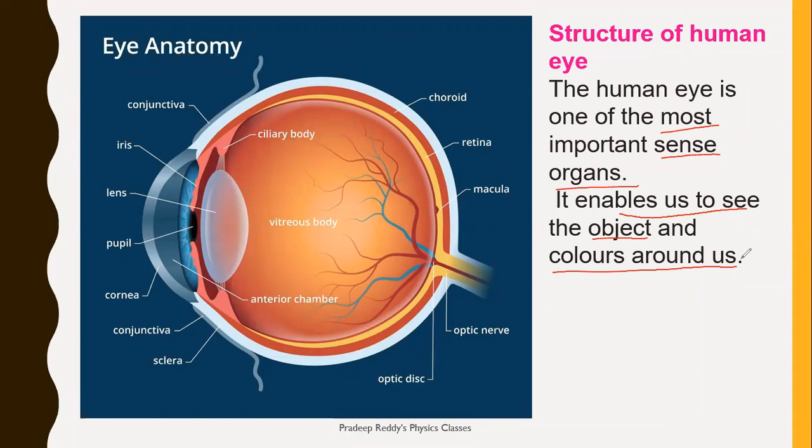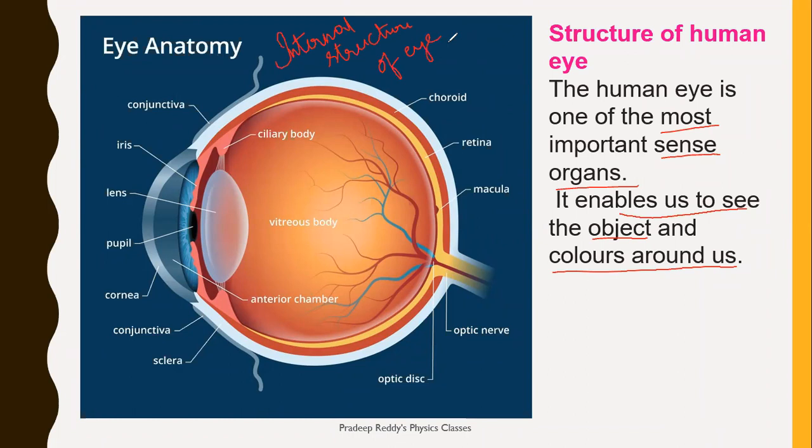Now coming to the structure of eye, you could see in the figure, this is the internal structure of eye. And there are a few parts we need to locate.